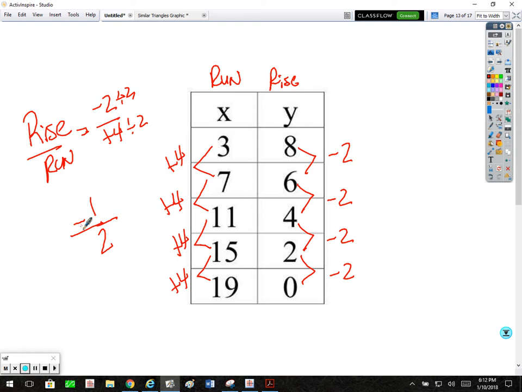Alright, so now if I look, negative divided by positive is a negative, so I can't reduce it anymore. So my answer is negative 1/2. So the slope of the line that passes through this table is negative 1/2. I think we're getting almost to the end of this. Let's just go a couple more.